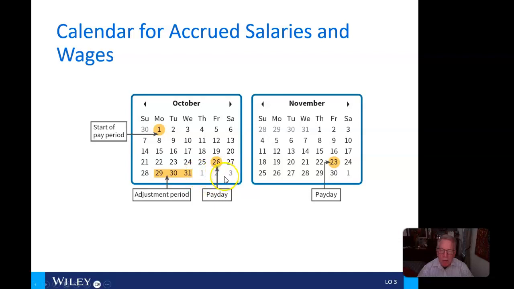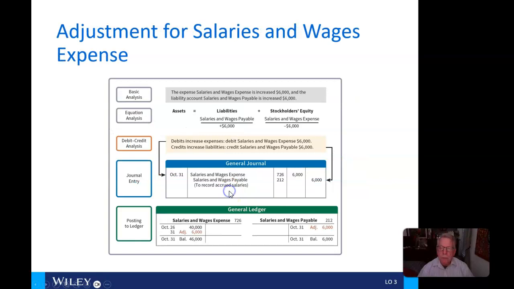It'll be paid here on Friday, but that'll be into the next month. All right. So what we're going to do is we're going to debit salaries and wages expense for $6,000 here and a credit to the salaries and wages payable here. And away we go.